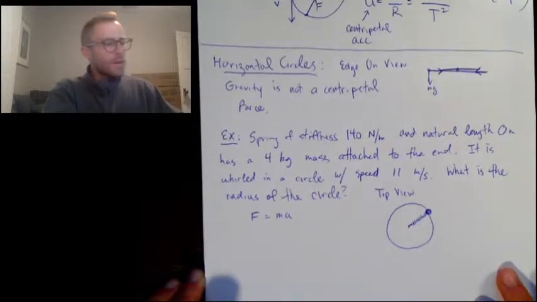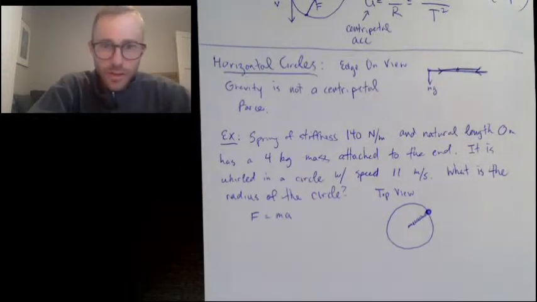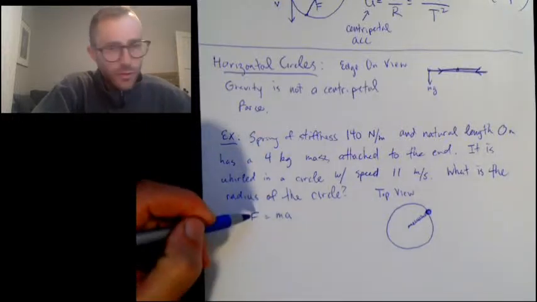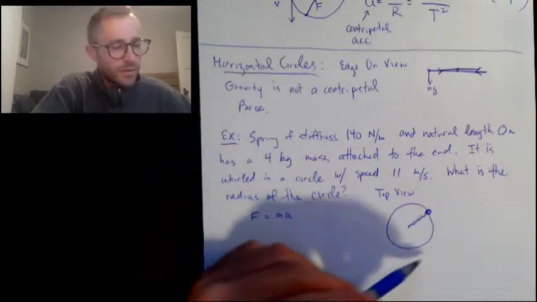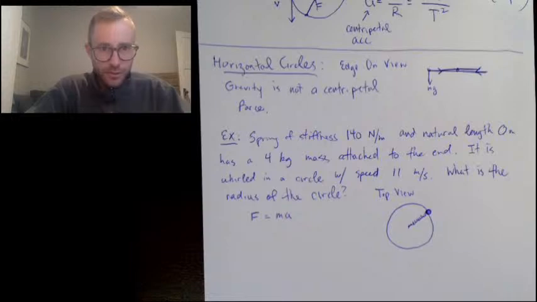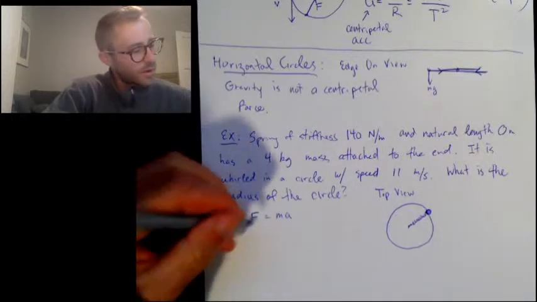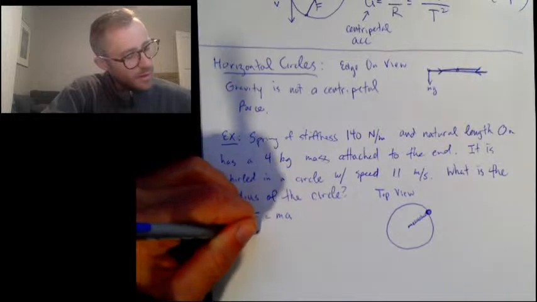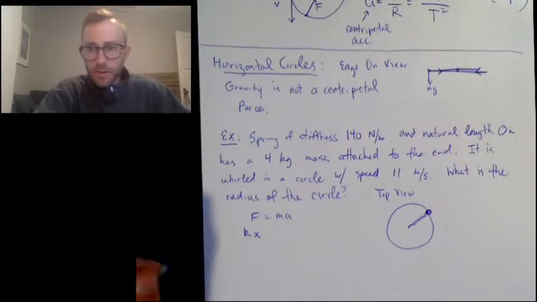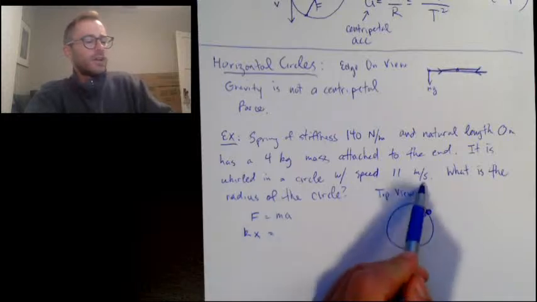Now the force. What is the force that is keeping this mass moving in a circle? Well, it's going to be the elastic force. So on the left-hand side of Newton's second law, I'm going to write kx, because that's the formula for the elastic force. On the right-hand side, see how I gave you the speed?